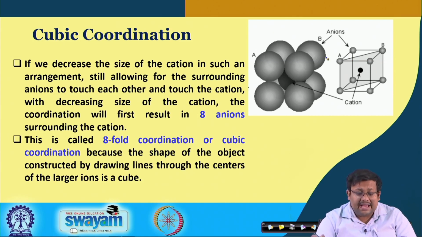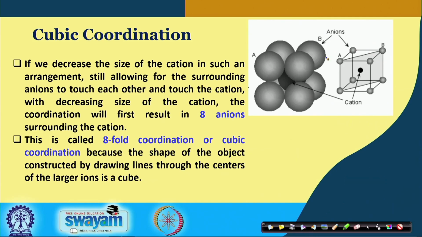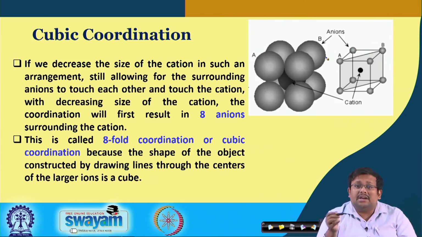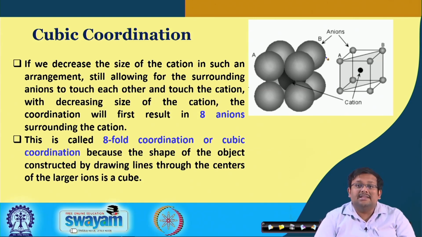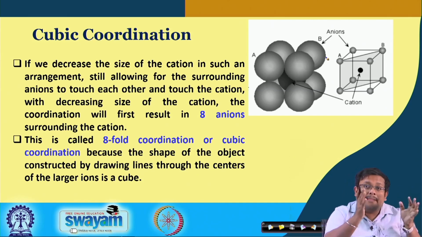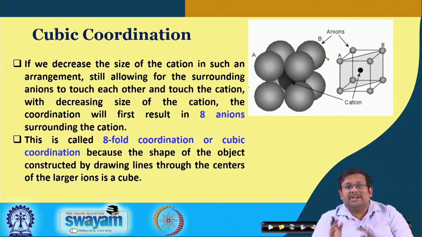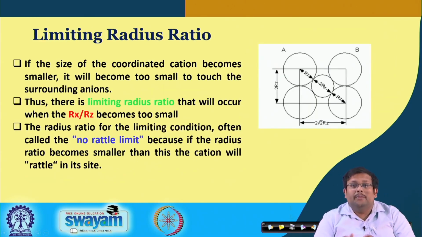This is called 8-fold coordination or cubic coordination, because the shape of the object constructed by drawing lines through the centers of the larger ions is a cube. So, now we have seen how we can change from a 12-fold coordination to 8-fold coordination to get a cubic arrangement.